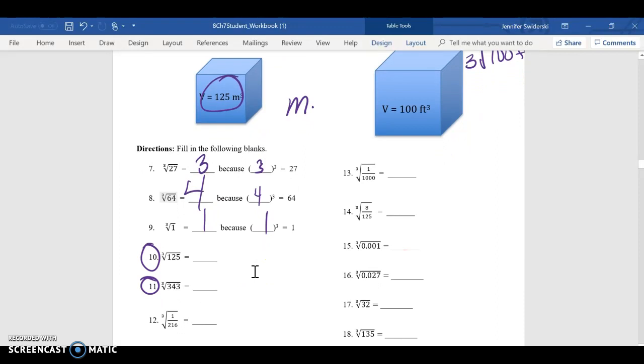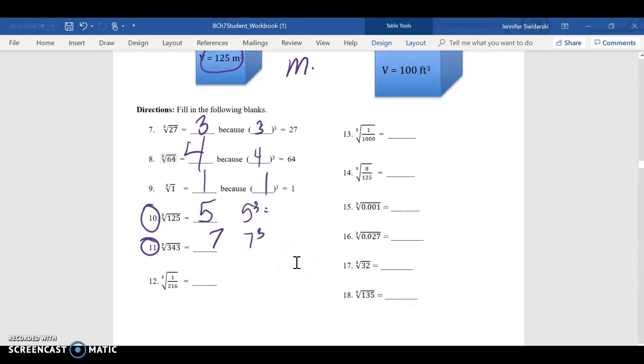The cubed root of 125 should be 5 because 5 to the third power is 125. Okay, and then I know that, as I'm typing this in my calculator, 7 to the third power, or 7 cubed, is 343, so the cubed root of 343 is 7. How'd you do?